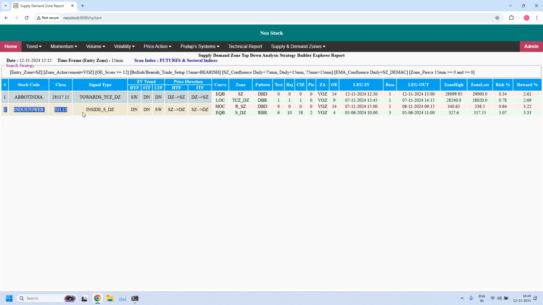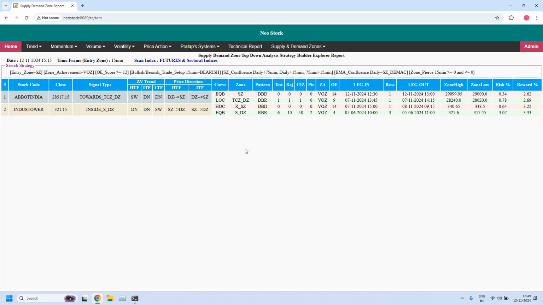So second one is even more high probability setup, because the trend is down, and first one sideways, you can ignore EMA Confluence. And the second one is even more high probability setup supported supply zone, and moreover the 15-minute supply zone is also a high liquidity supply zone.